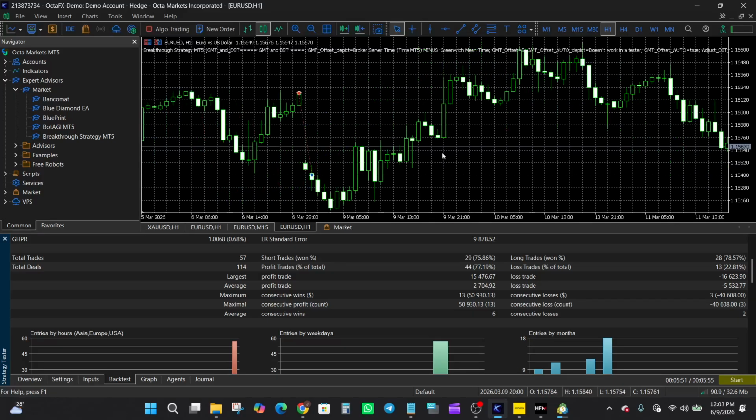It's also worth noting that longer term testing provides a more reliable picture here, especially because multi-pair systems can behave differently across different cycles. So short term results alone wouldn't really represent the full picture of how this EA operates. Now, when we talk about the results, I want to be clear that these are historical backtest results and not a prediction of future performance.